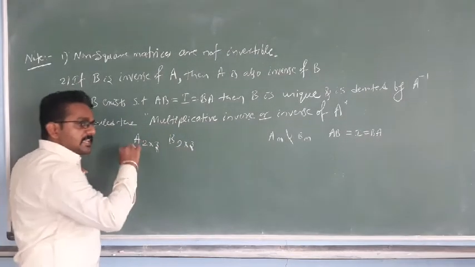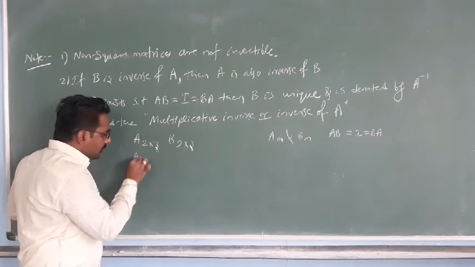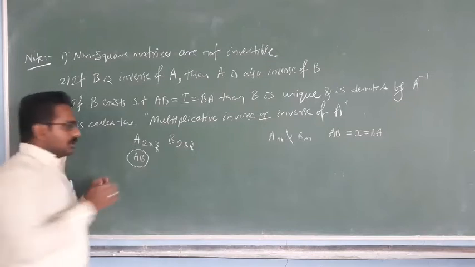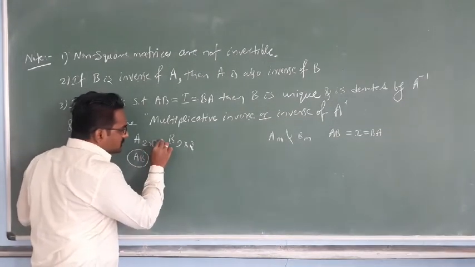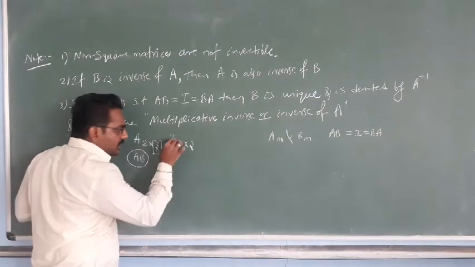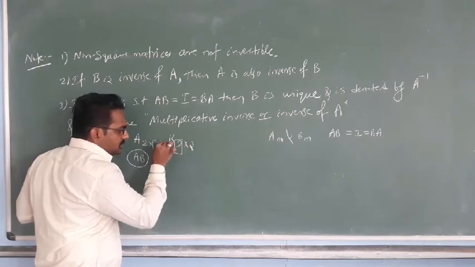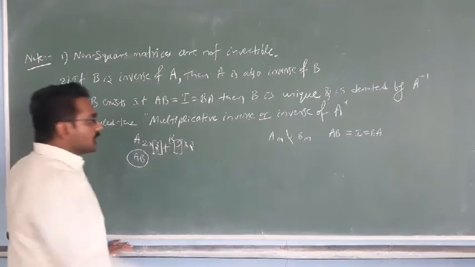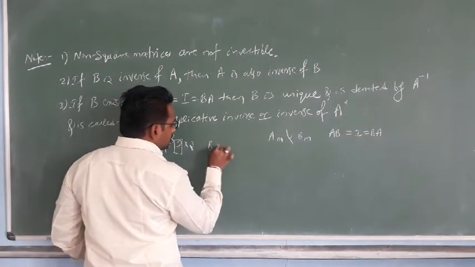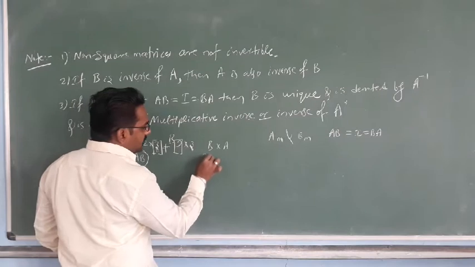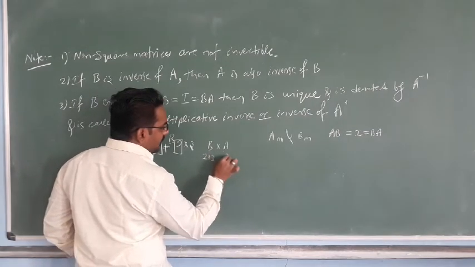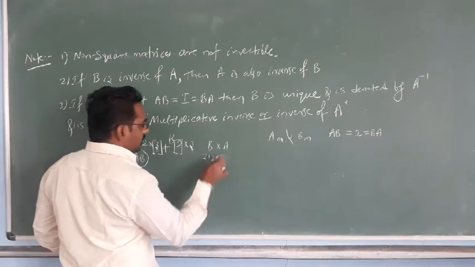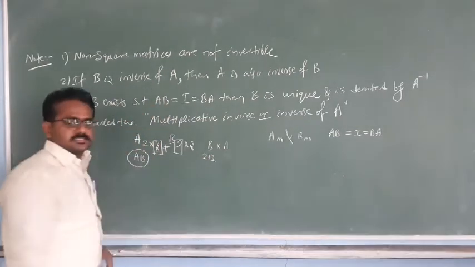So is it possible to find the product AB here? No, it is impossible. Why? The number of columns of matrix A does not equal the number of rows of matrix B. The product BA also does not exist here, students.